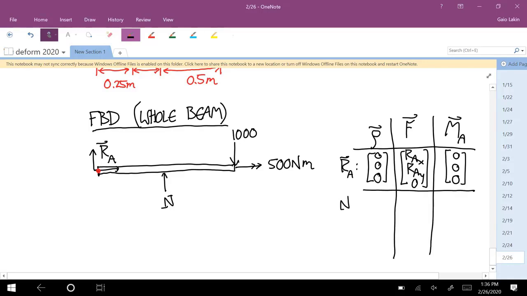Then that force N: the vector from the about point to where N is applied is positive 0.5, 0, 0. I'm using X horizontal, Y vertical, and that means Z is coming out towards us.